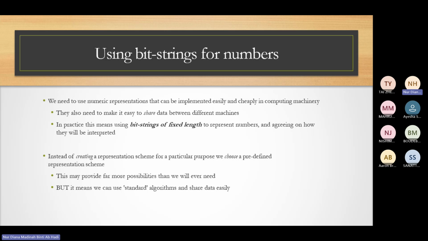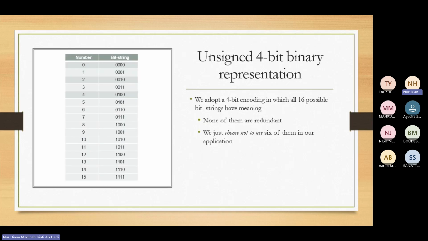Maybe we have more than that. So unsigned 4-bit binary representation means that you're going to have 16 possible bit strings, with none of them redundant. We just do not use 6 of them in our application.